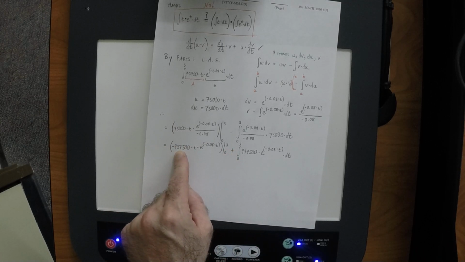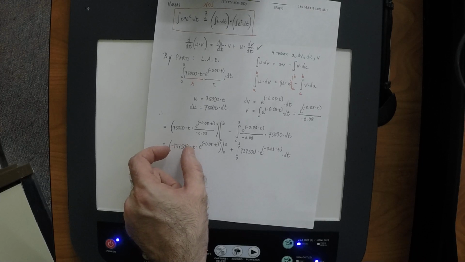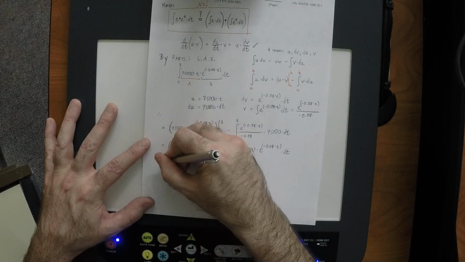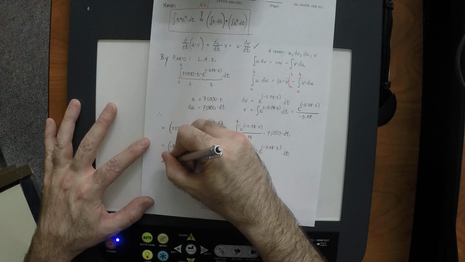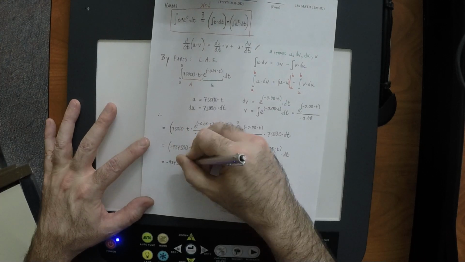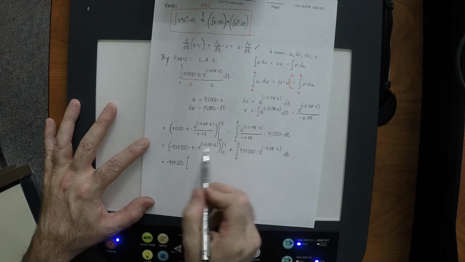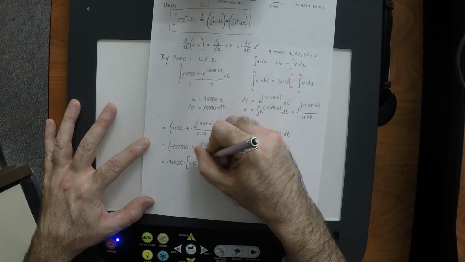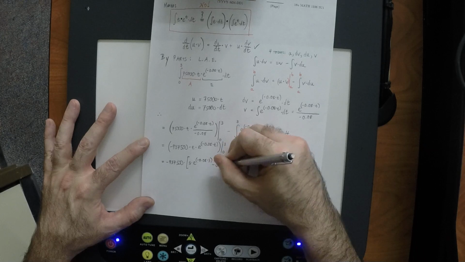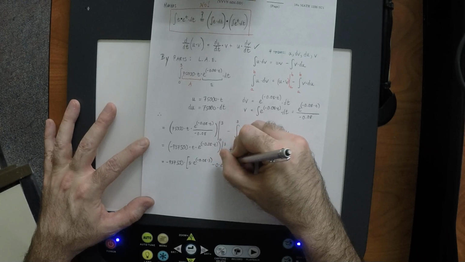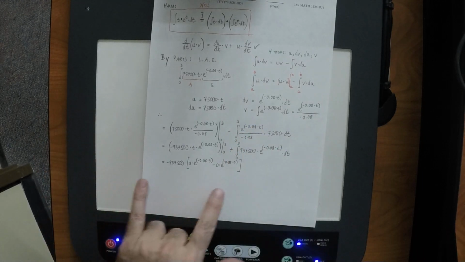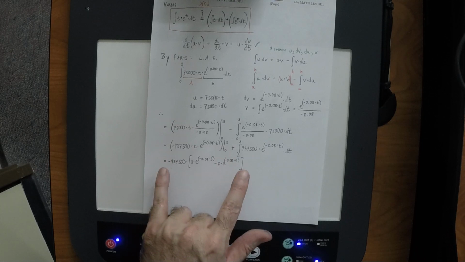So I'm going to leave it factored out and then do the boundary evaluation just on the non-constant part so that it becomes negative 937,500 multiplied by, so now that thing evaluated at 3, so that'd be 3 times the exponential of negative 0.08 multiplied by 3, and then minus 0 multiplied by exponential of negative 0.08 times 0. So that's just the boundary evaluation thing. That's just that part.